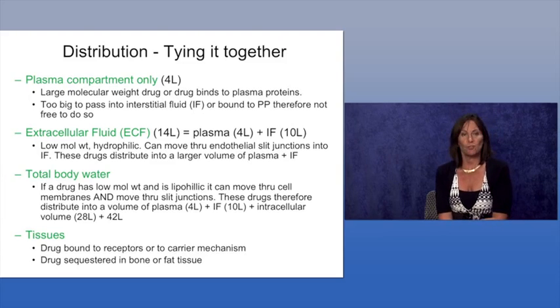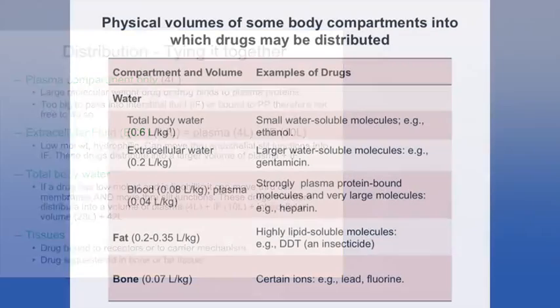Therefore, these drugs could distribute everywhere. They could get into plasma, interstitial fluid, or into the intracellular fluid volume as well, a total of 42 liters. And then you can imagine that a drug is sequestered into tissue such as bone, as we mentioned previously, or it could be bound to receptors at its targeted site of action or to a carrier mechanism.